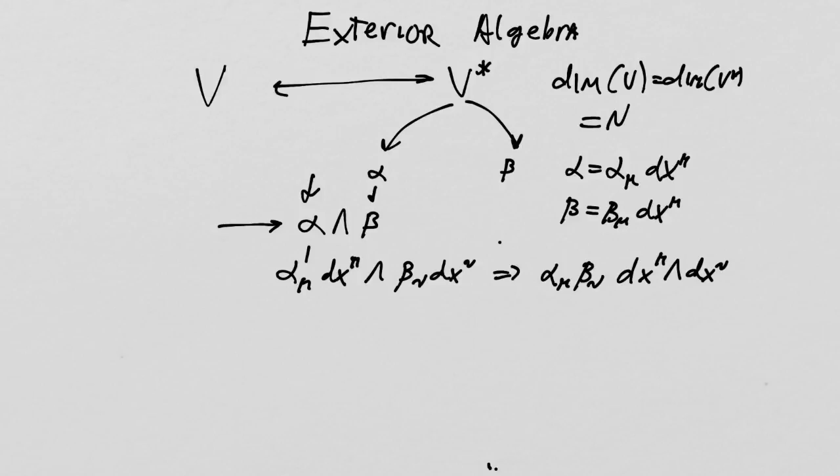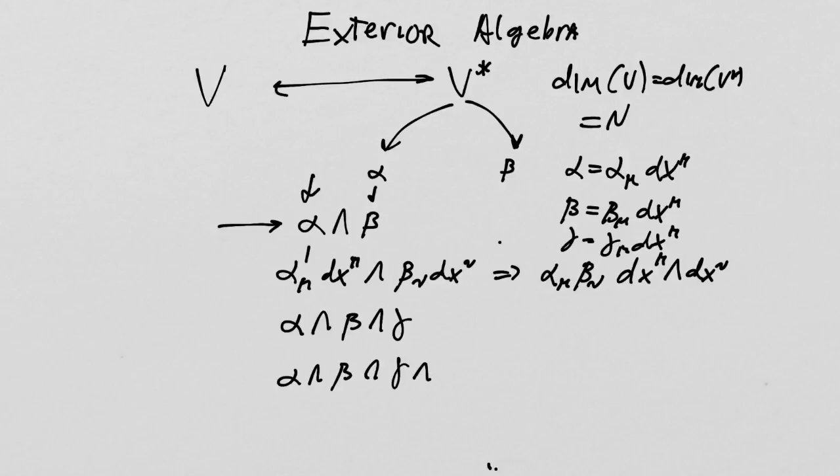Ultimately, we can now create alpha wedge beta wedge gamma, where gamma, of course, is just another one of these things. And that becomes a 3 form. And then, of course, alpha wedge beta wedge gamma wedge delta, a 4 form, etc.